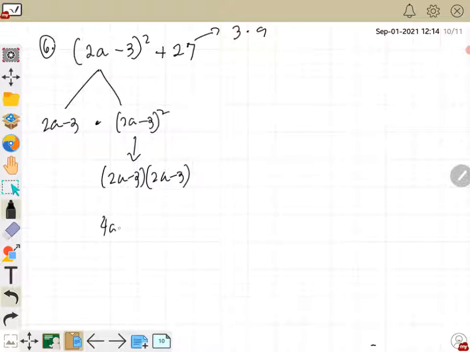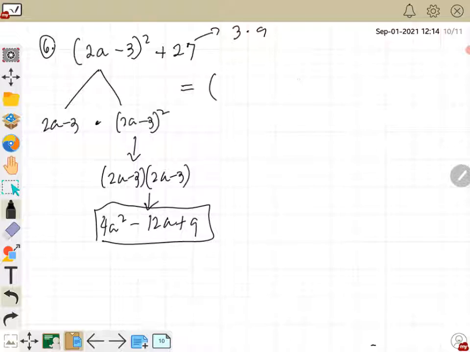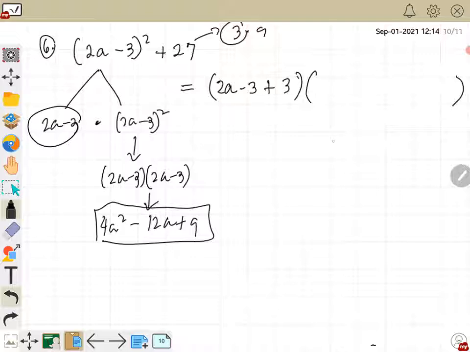Then you'll have 4a squared minus 12a plus 9, because this is what we're going to use later on, the expanded one, to simplify further. So what we do is this one and that one. So that's 2a minus 3 plus 3, because the operation is plus here, so that's plus 3.